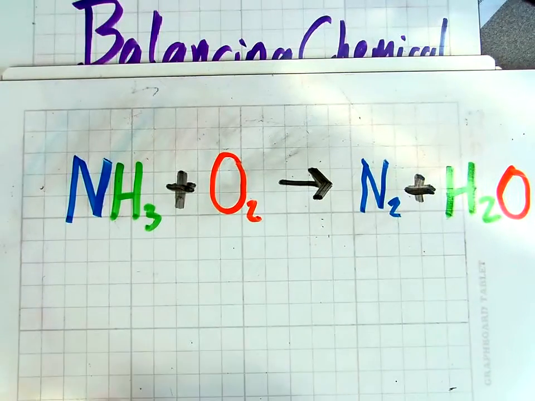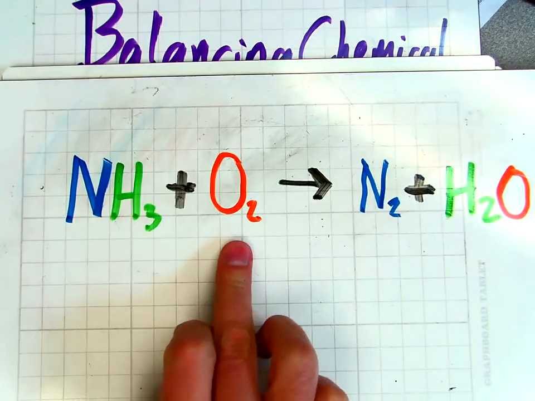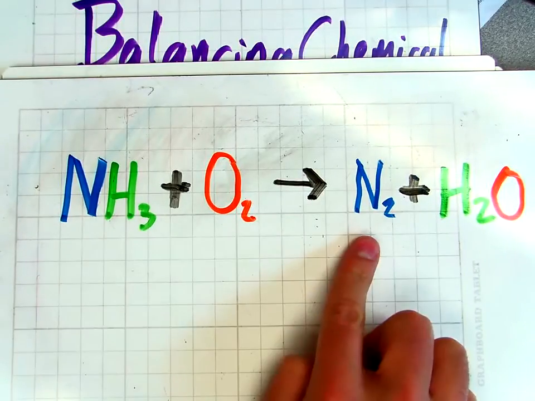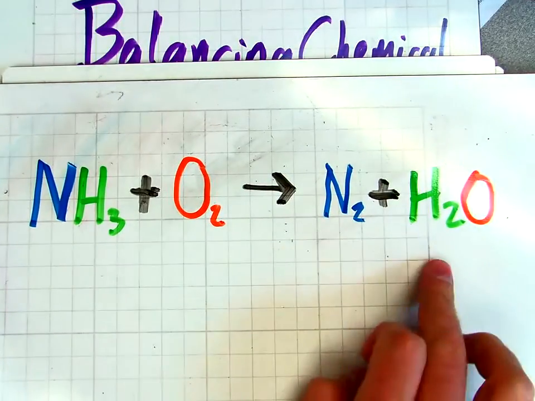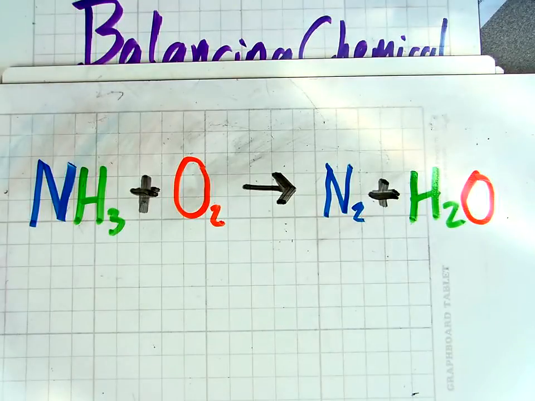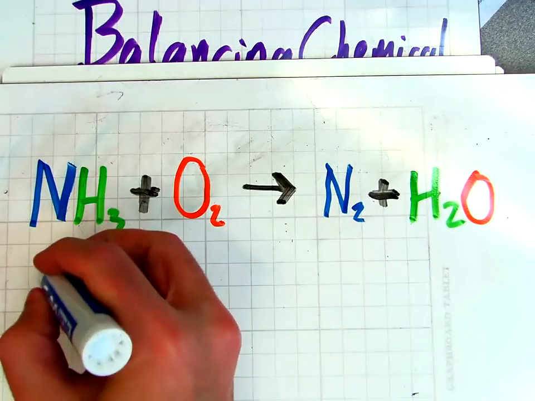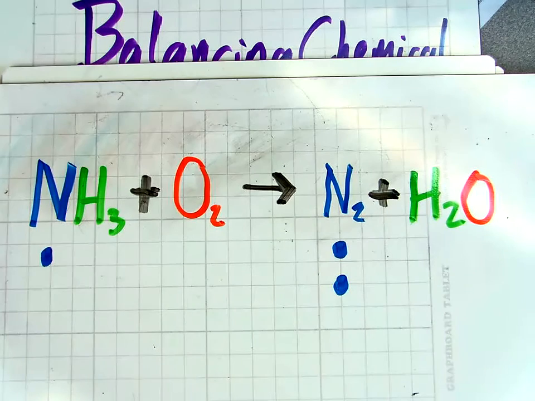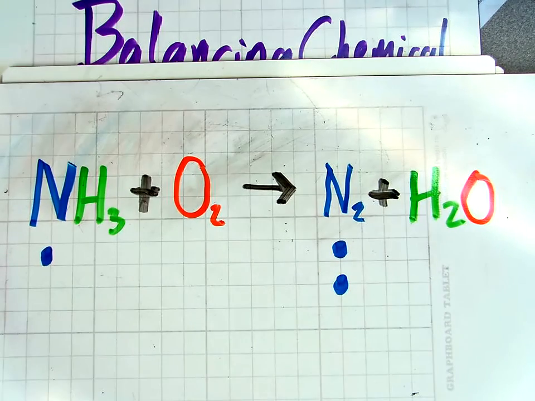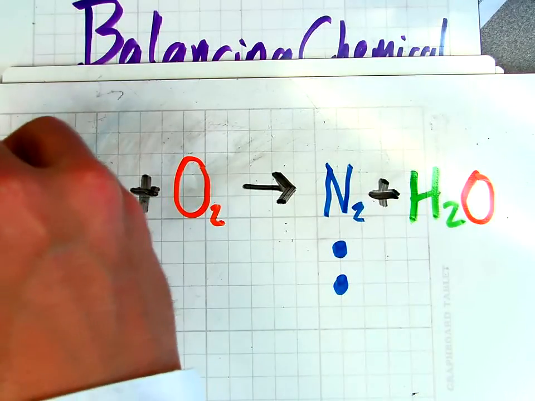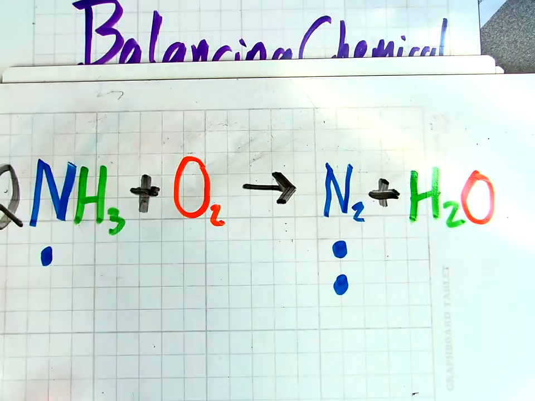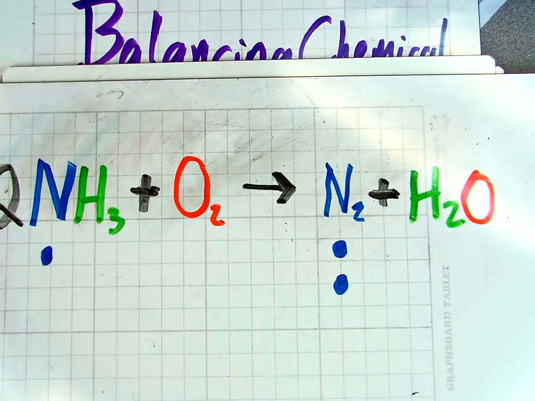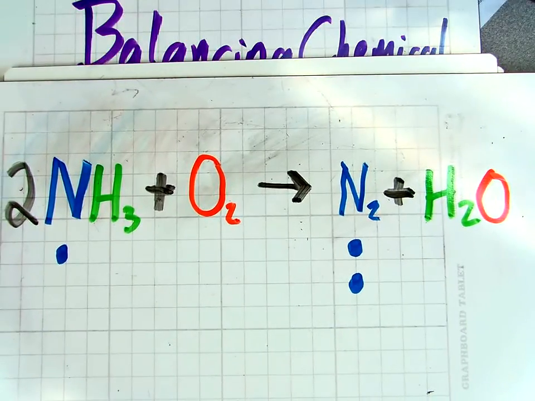So here I have NH3, which is ammonia, plus oxygen, gives me nitrogen, plus water. Okay, well, I've got 1 nitrogen, 2 nitrogens. So right away, I know I need to put a 2 coefficient in front here. And now, let's see what happens to the rest.